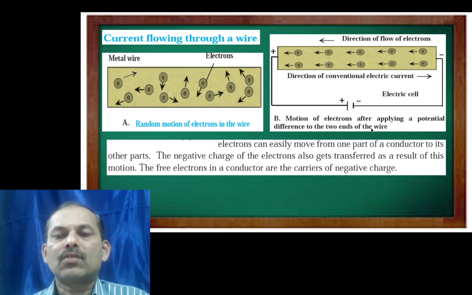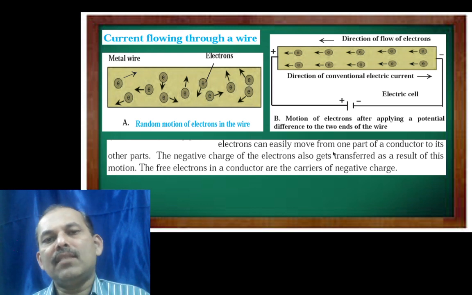If you connect the two ends of the wire to the positive and negative terminals, and there is a potential difference between these two terminals, there is a flow of electrons from negative to positive terminal, and because of that there is a flow of electric current.